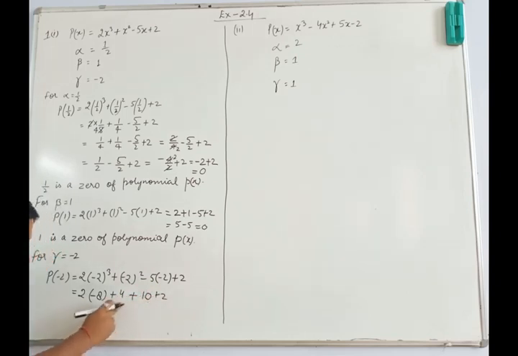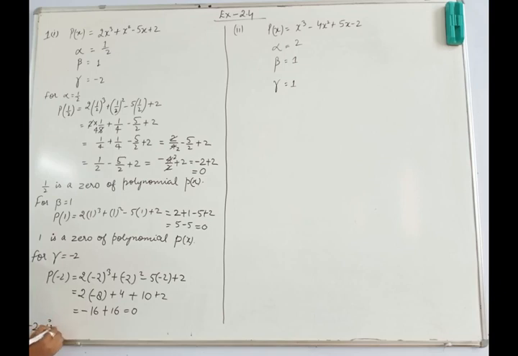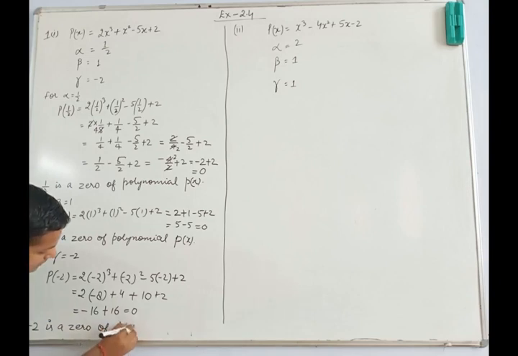So 10 plus 4 is 14, plus 2 is 16, and minus 16 plus 16 gives you 0. So you can say that minus 2 is a zero of p(x). Okay, so this is it.